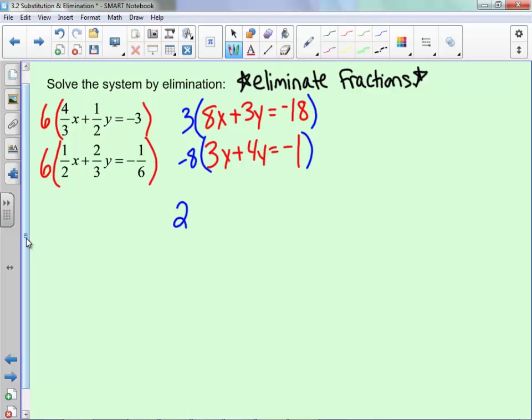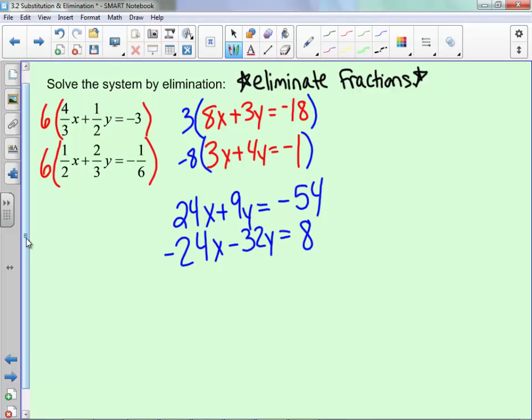And we'll get 24x plus 9y, so we'll have our two equations. Now notice our x's here are opposites, so we can go ahead and just add our equations.